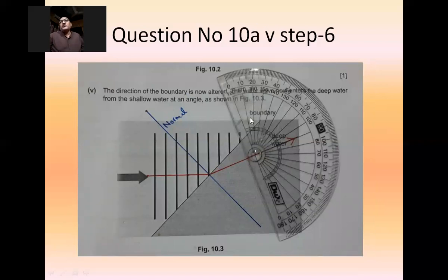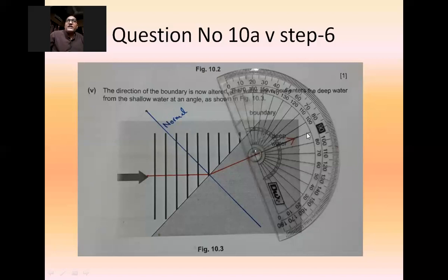Now I will use that protector, and you see this 90-degree mark on the protector. I will put that on the refracted direction. This red line shows the direction of the wavefronts in the deep water.